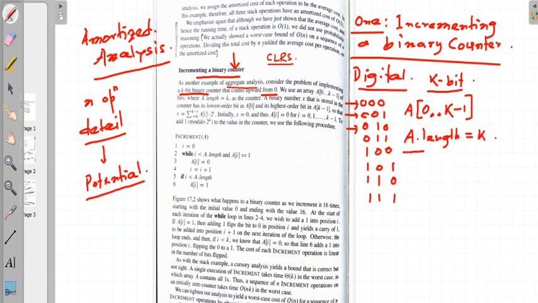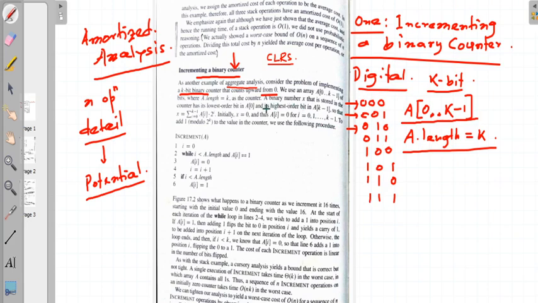So 0 to k minus 1 means we are having k bits. With this array we are taking care of the bits which are changing. All these bits information we are keeping track of with this array.